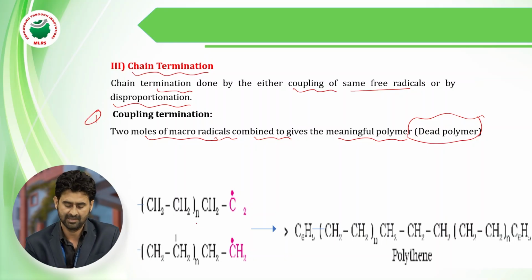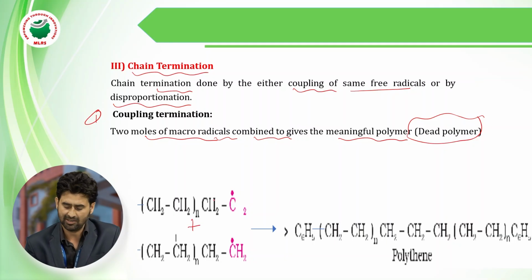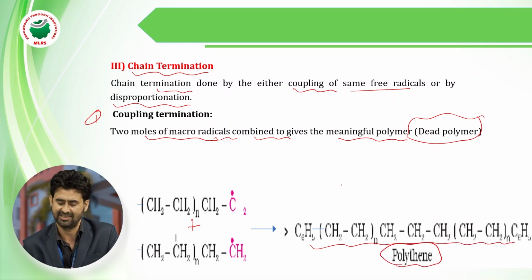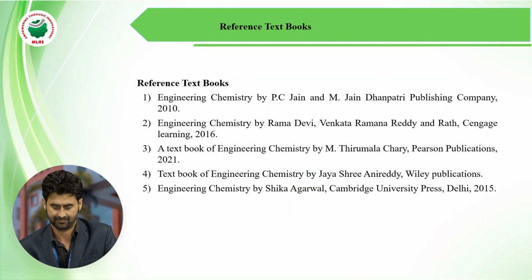Like this, these macro radicals combine together to form the polyethylene polymer. This polymer is formed by the combination of macro radicals.